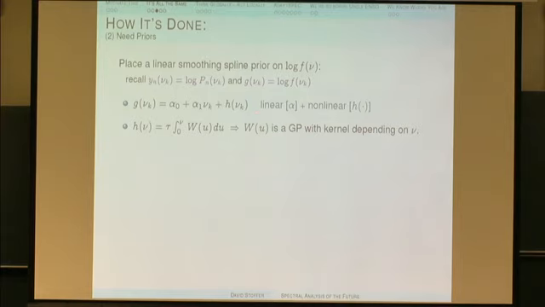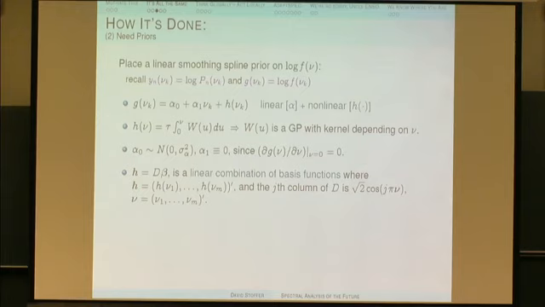And so Wahba, in 1980 I guess it was, used this setup to do the smoothing splines. In a Bayesian setting, for spectral analysis, there's no alpha 1. That's out of the picture because that term is 0 in the expansion. So you have a constant here, and you put a normal prior on that. Then for the nonlinear term, you just make it a linear combination of some basis functions.